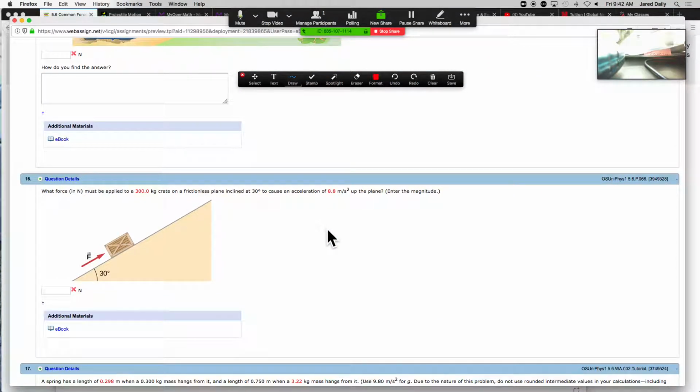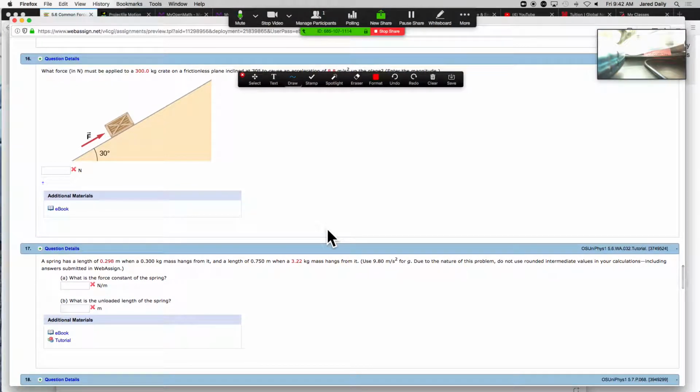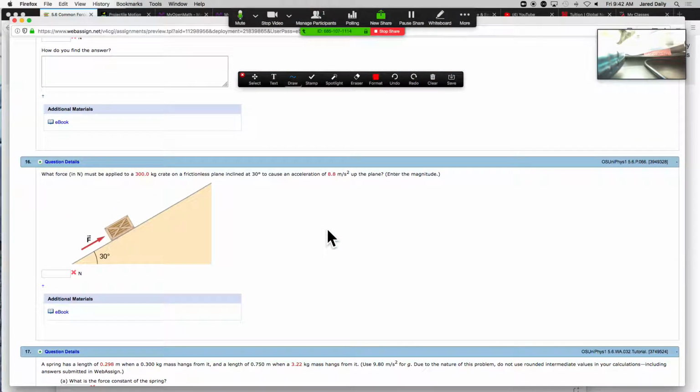Then the box on the inclined plane. So the box on the inclined plane is an exercise in rotating axes for most people.